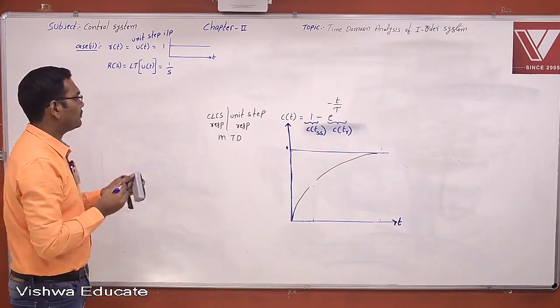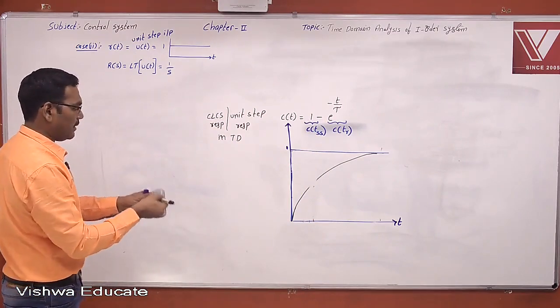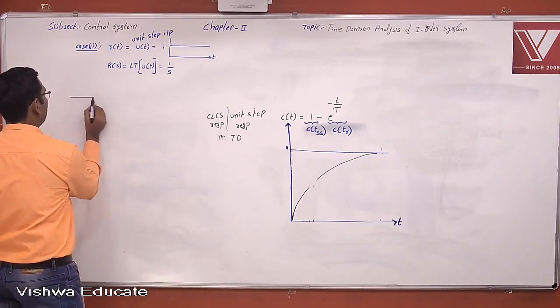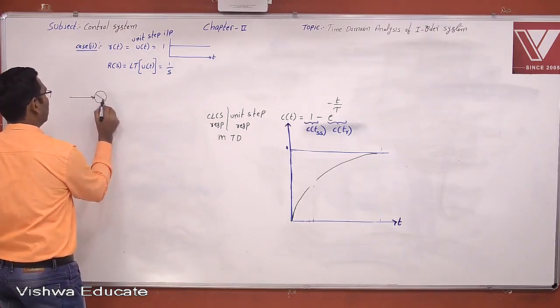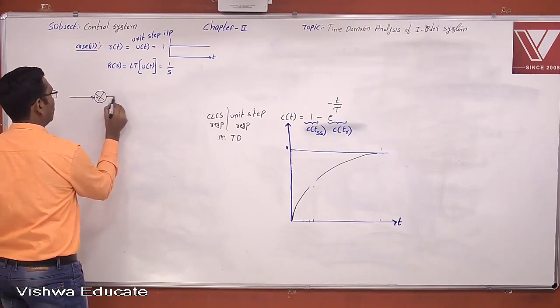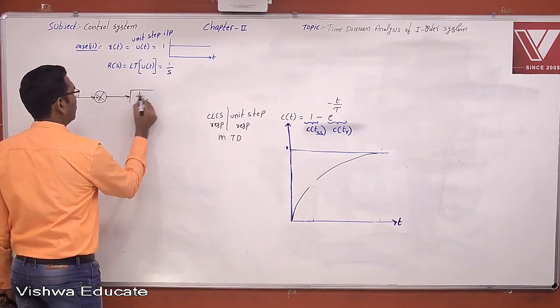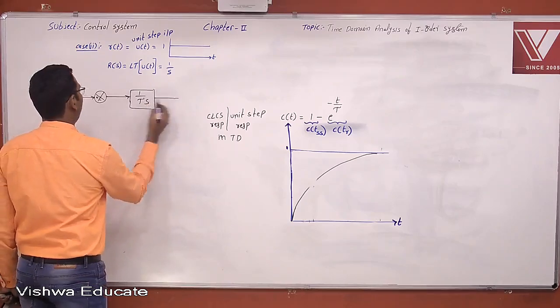Now students, what is error? You know that. Error is the deviation of the output from the reference level. Now see the block diagram. This is the forward path gain. This is the feedback path gain.